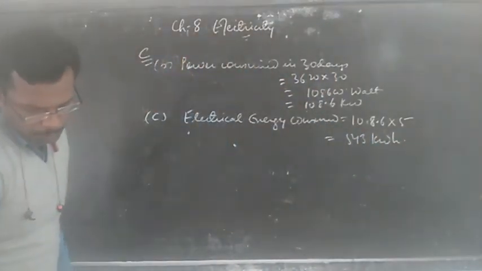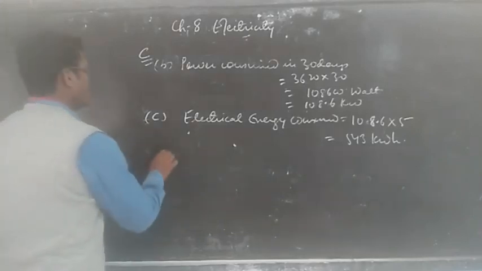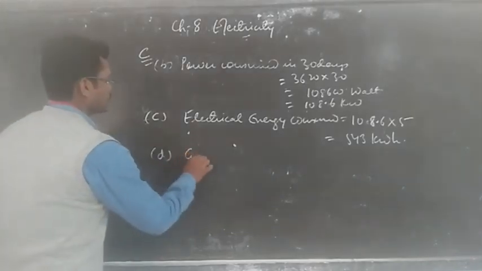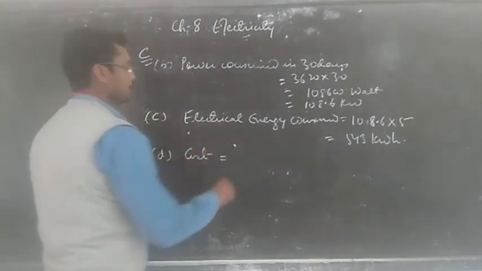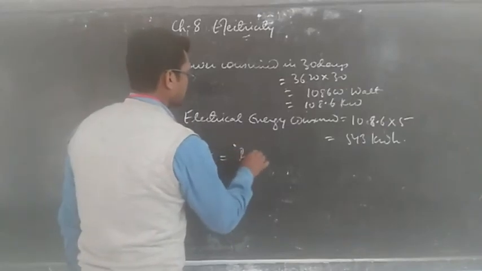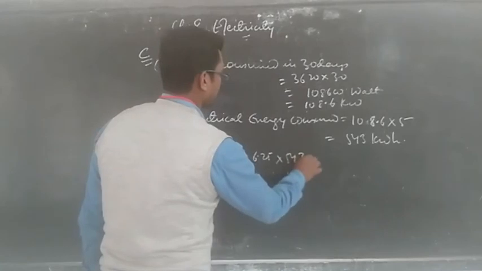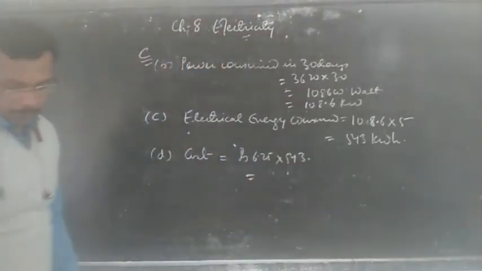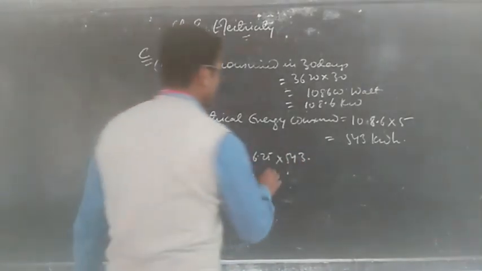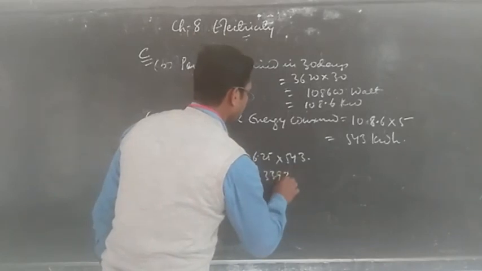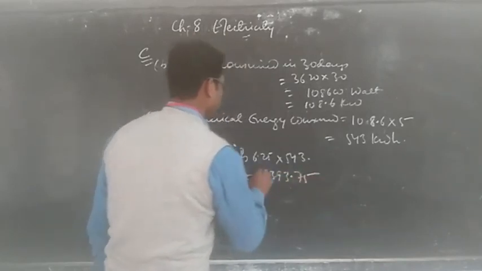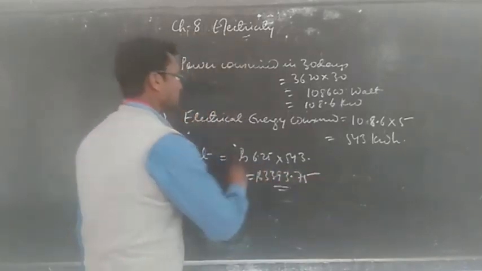And now the cost at the rate of 6.25. So the monthly cost will be 6.25 multiplied by 543, which will come equal to 3393.75 rupees. This is the total cost.